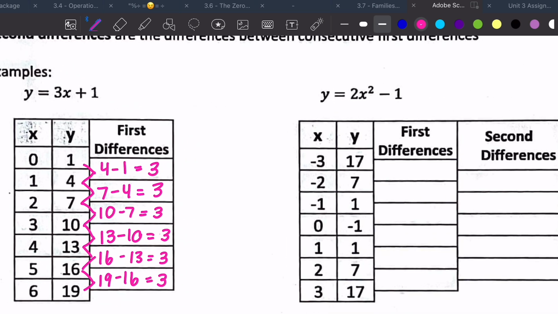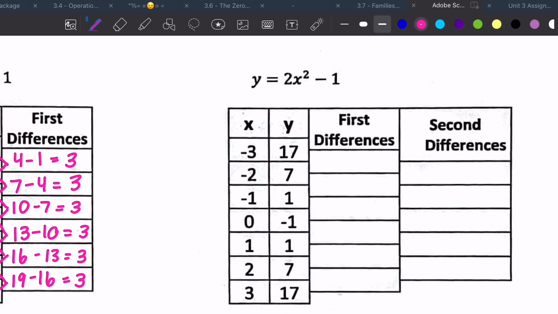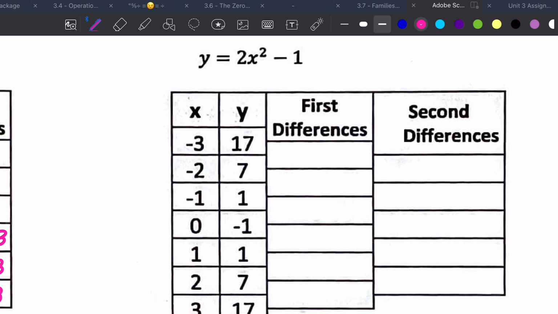Moving on to our quadratic, right? 2x squared minus 1. We're going to see, okay, 7 minus 17, that gives me negative 10. Then I go to the next one, 1 minus 7, that is negative 6.